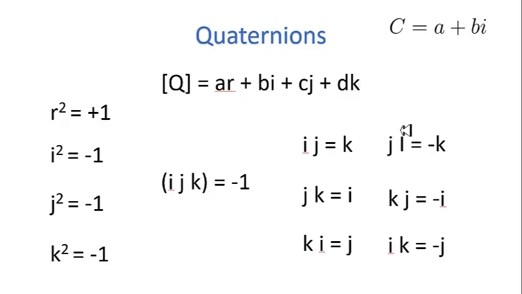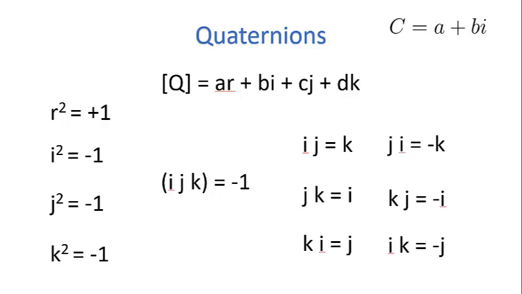And when you swap these, so i times j equals k, j times i equals minus k. Okay, and j times k equals i, and k times j equals minus i. And minus i just means that all the elements in the matrix are negative compared to the positive version.